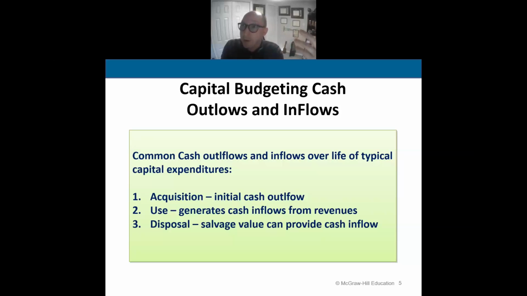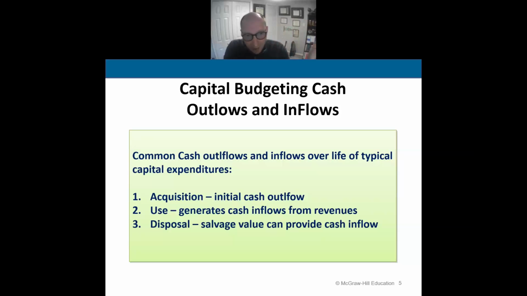That means you'll be able to generate more units faster. All good things. But before you go and buy that piece of equipment that will help your business grow faster, you need to think about the cash inflow and outflow based off of the purchase of that piece of machinery.